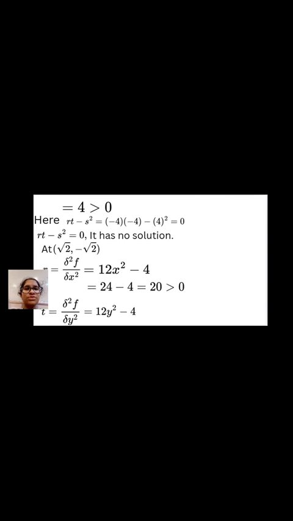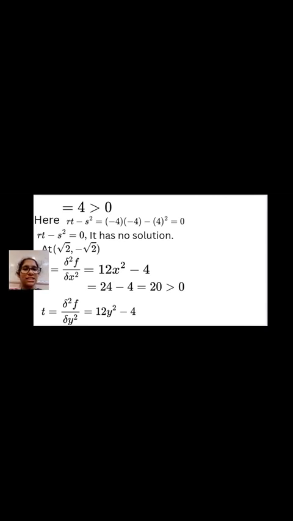At (root 2, minus root 2): r = ∂²f/∂x². Here we get 12x^2 - 4. In x^2 place we put root 2 squared, the root and square cancel, and we get 24 - 4, that is 20. 20 is greater than 0. Next t = ∂²f/∂y², that is 12y^2 - 4.